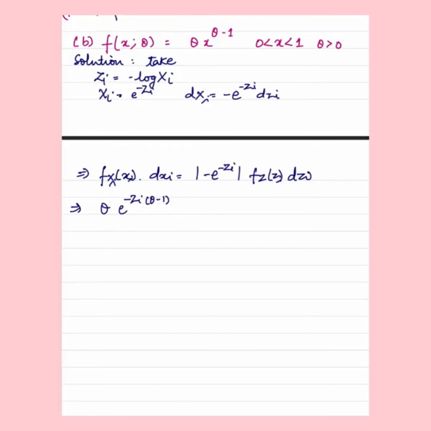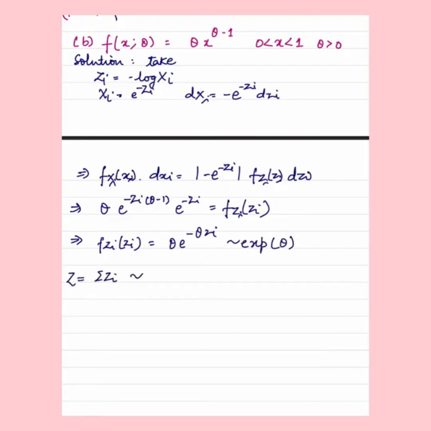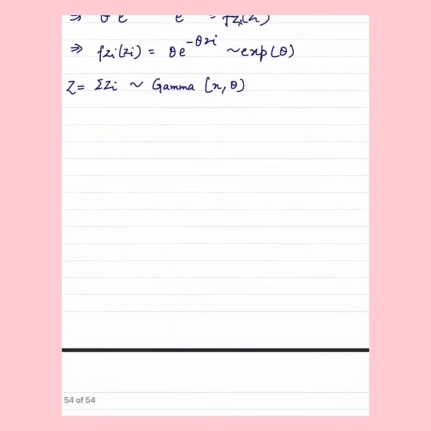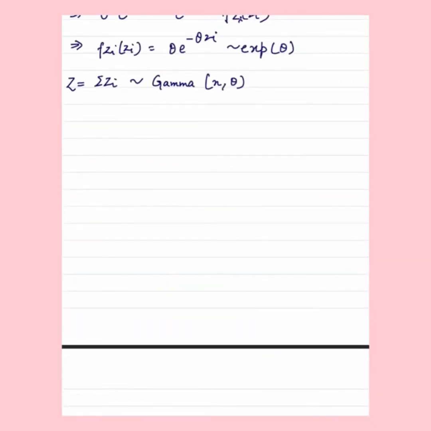Putting all of these values and obtaining the transform distribution, we get that zi equals to minus log xi belongs to exponential distribution with parameter theta. Hence, z equals to summation of zi belongs to gamma distribution with parameters n and theta. Finding expected value of 1 upon z.